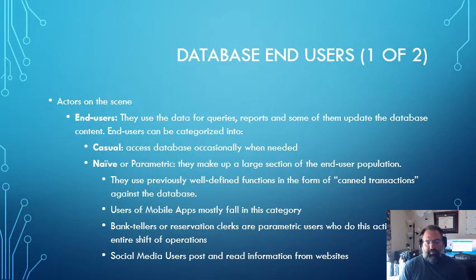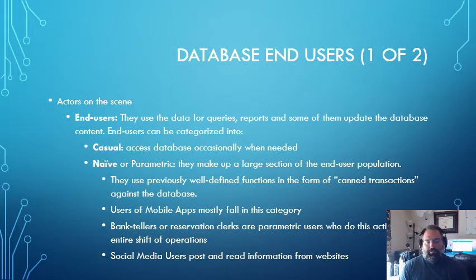They may have some idea, but not a high degree, and may be able to run transactions or queries, but not necessarily author them. They may be using mobile apps to access data. A bank teller or reservation clerk are essentially those you can think of in this group.